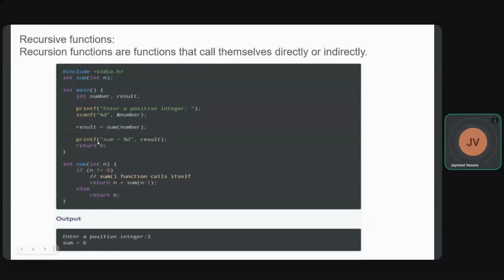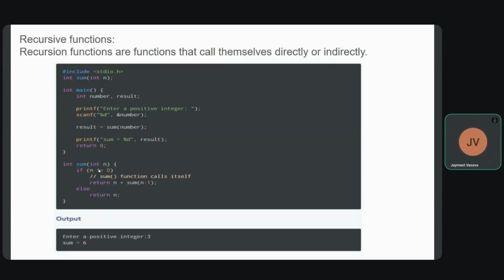When we run the program, we are asked to enter a positive integer. Here we entered 3, and we get the summation of 3 down to 0.